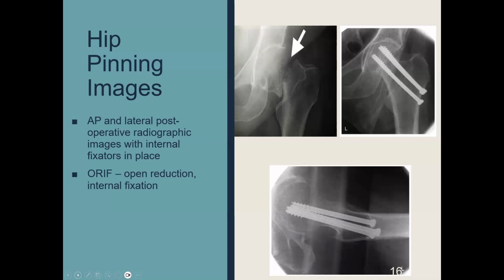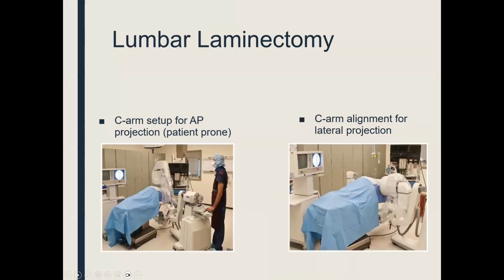So the hip pinning uses pins, screws, plates, anything that the surgeon feels will help to hold the broken bone together until it can heal correctly. And yes, ORIF stands for open reduction internal fixation.